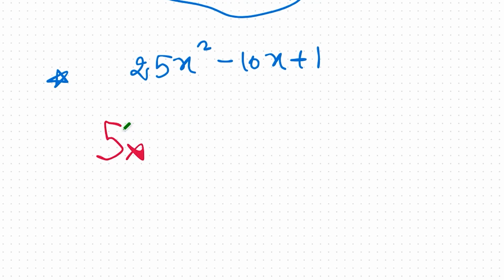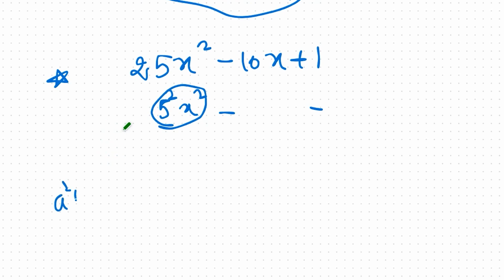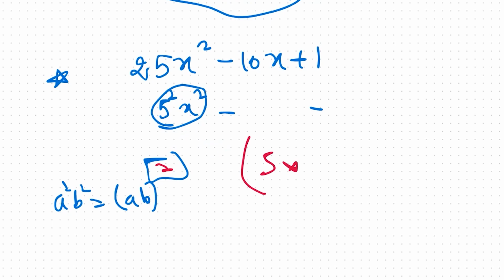Okay, let's take it step by step. 5 square x square, right? When you saw 5 square x square, remember I told you a square b square means ab whole square. So how can you convert this? 5x whole square.